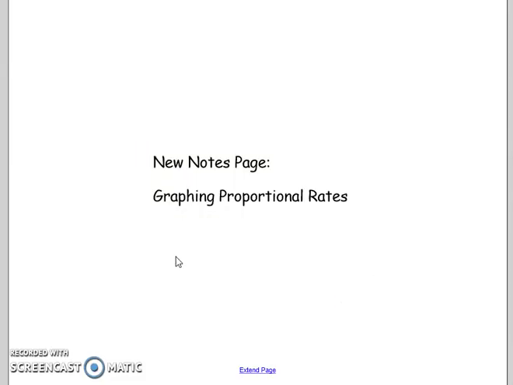Well, here we go, getting on to our new notes page titled Graphing Proportional Rates. If you look at our title, we're going to be making some graphs of rates that are proportional, meaning you're going to have an x-axis and a y-axis.